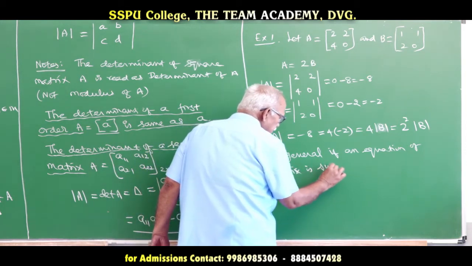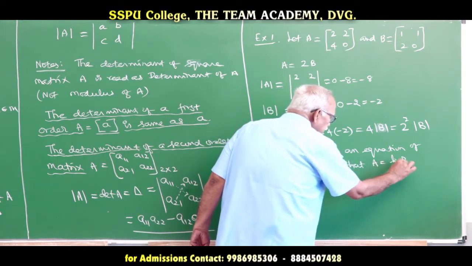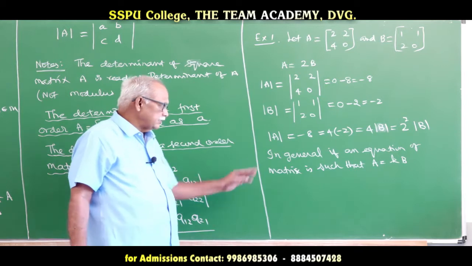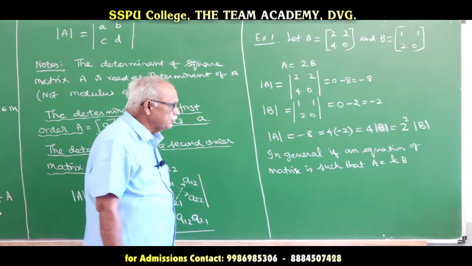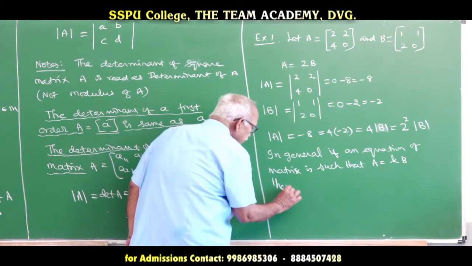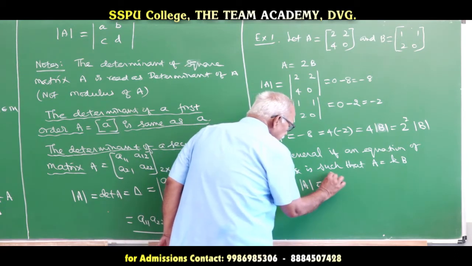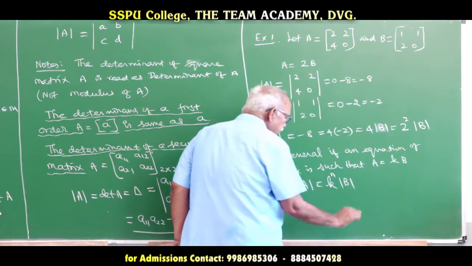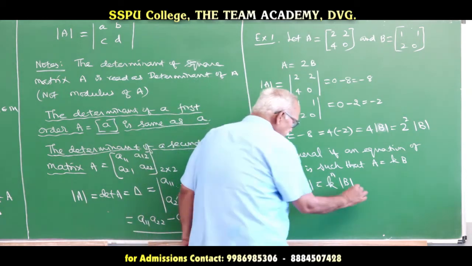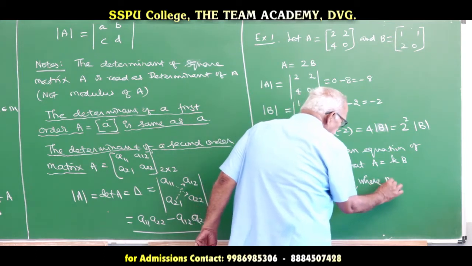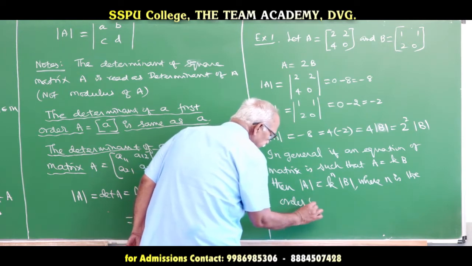In general, if an equation of matrix is such that A is equal to kB, then the determinant of A is equal to k to the power n into the determinant of B, where n is the order of the matrix.